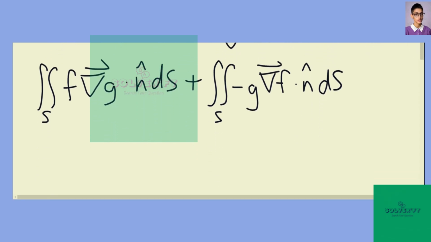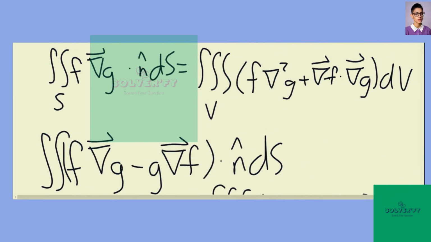Now, we know by our divergence theorem that this is equal to, it's actually over the volume of our divergence of f, which, if we look back up at the top here, can be simplified down to this term.